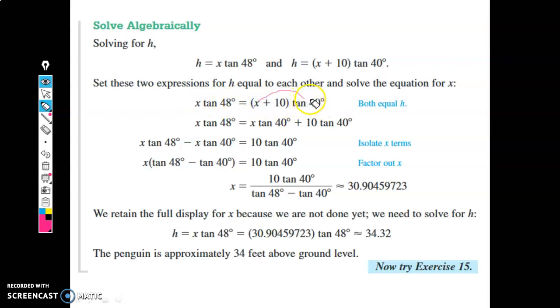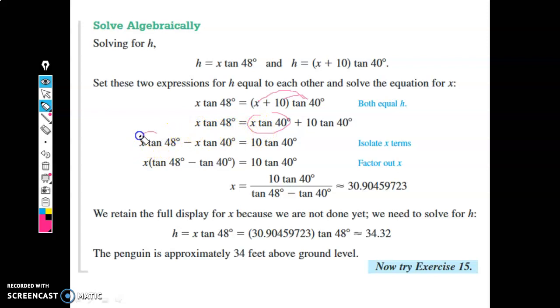You have to try to get x by itself, so first we're going to distribute here. All right, so we distributed the tangent of 40 in. Next, looks kind of ugly. All right, so what I'm actually going to do here is put the two x terms on the same side. So this term, I'm going to move over to the left by subtracting it.